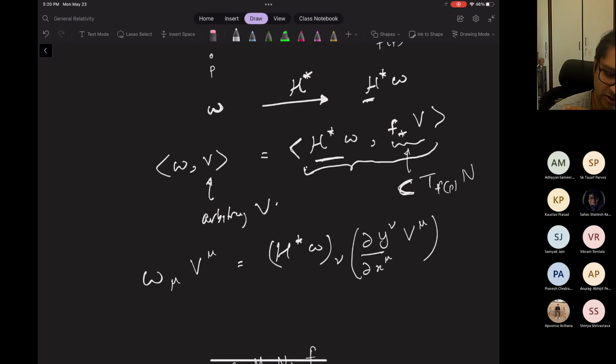This relationship should be satisfied for arbitrary v mu, which means this should be true. And this Jacobian in general is non-invertible unless the map is invertible between y and x.